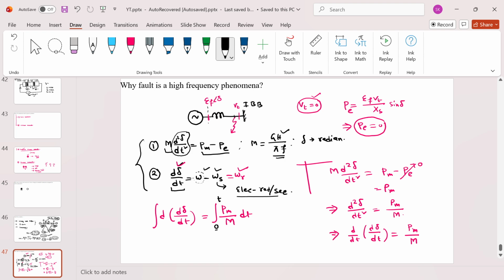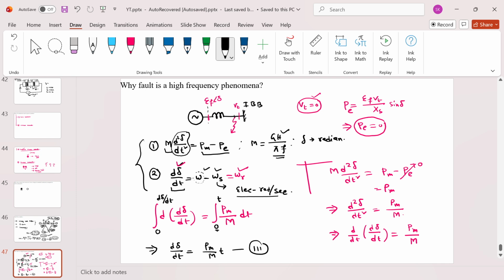At 0 time the relative velocity was 0, and at time t the relative velocity is d delta by dt. If you solve this equation, you will get d delta by dt equals Pm by M t. I am calling this equation number 3.